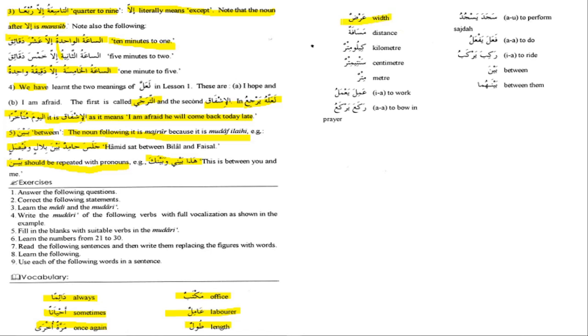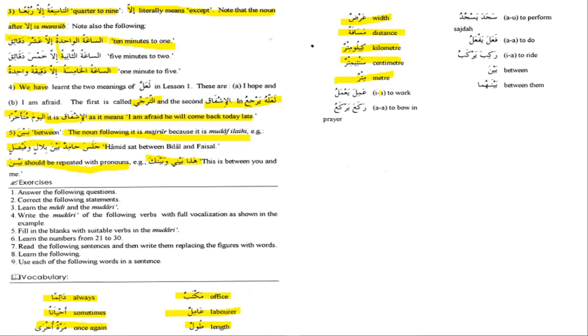And ardun, which means width. And then masafa means distance. Kilometron, which means kilometer in Arabic, and centimetron, which means centimeter, and metron, which means meter.